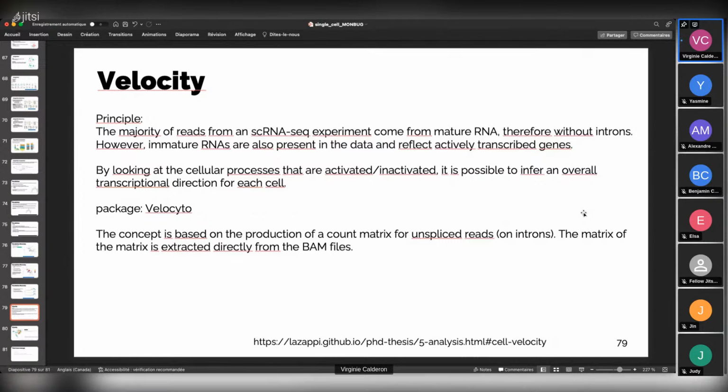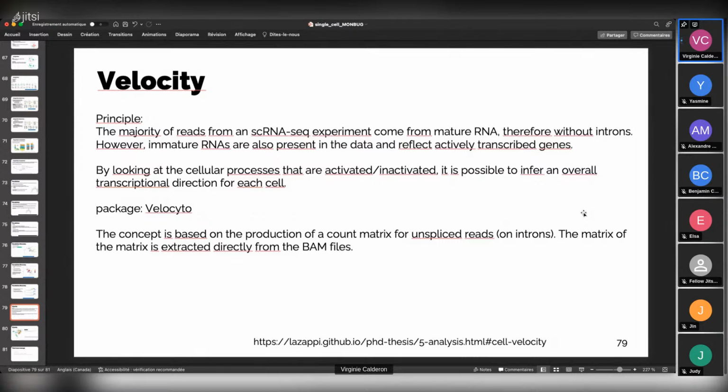The idea here is to have a matrix associated with introns. If you have introns, that means that your RNA is not spliced, so the transcription is active. So a matrix for unspliced reads, those with introns, and a matrix for spliced reads, those without introns. That is just a way to use the information inside your data.